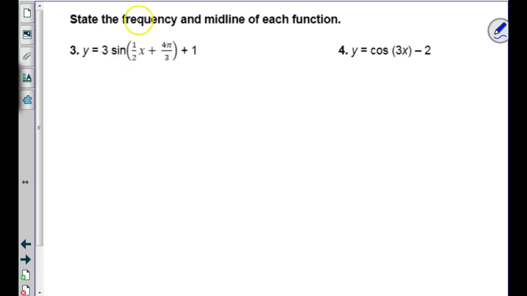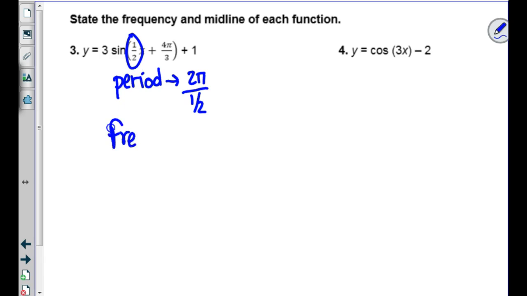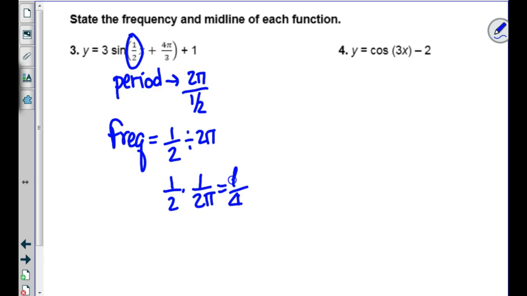Okay, so what's the period here? The period would be 2 pi divided by 1/2, right? Because that's the b value. But the frequency is the reciprocal of that. So it's 1/2 divided by 2 pi, which would be 1/4 pi.